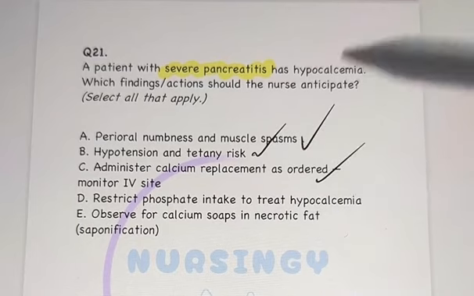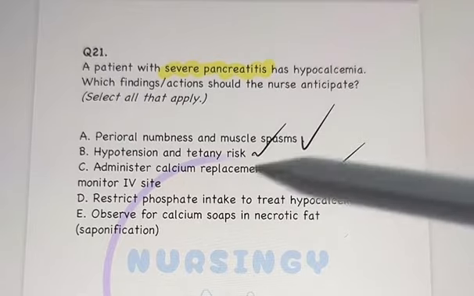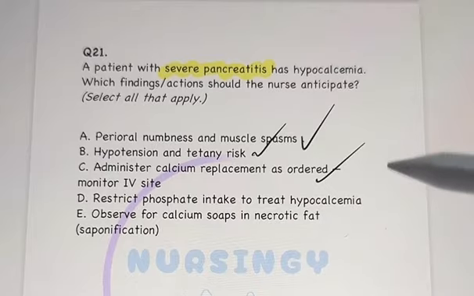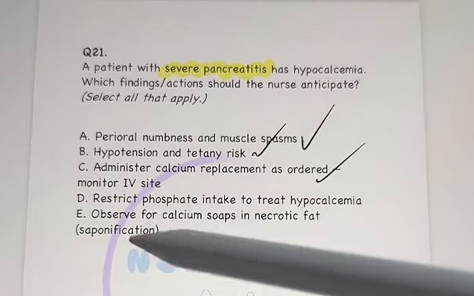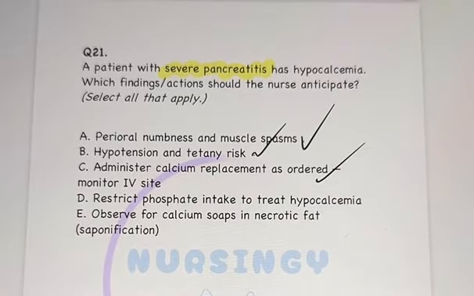Yes, that's why you will have hypocalcemia, I understand that, but that is not the correct way to treat hypocalcemia. If you restrict the phosphate, you are going to have hypophosphatemia also.